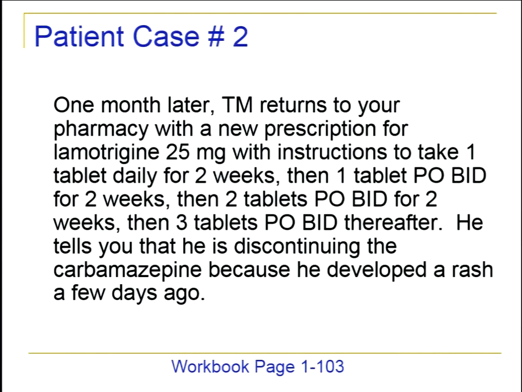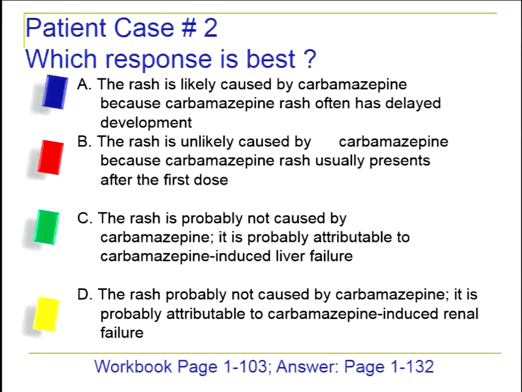Okay, so 1 month later, same person comes back with a new prescription for lamotrigine 25 milligrams with instructions to take 1 tablet daily for 2 weeks, then 1 twice a day for 2 weeks, then 2 tablets BID for 2 weeks, then 3 tablets BID after that. He says he's discontinuing the carbamazepine because he developed a rash a few days ago. So, which is true?